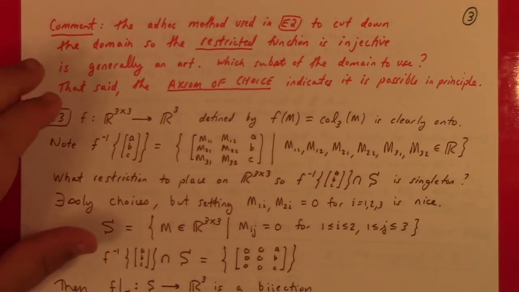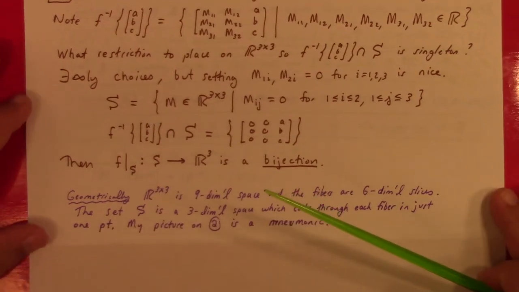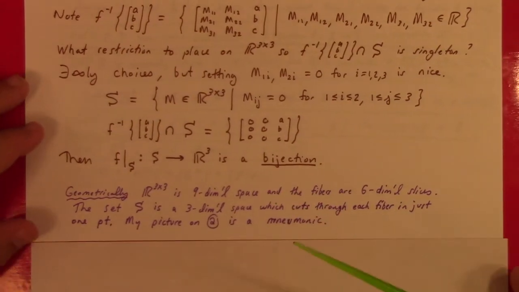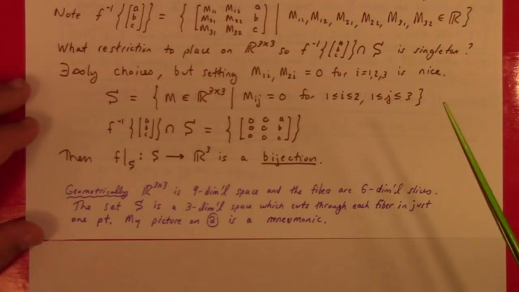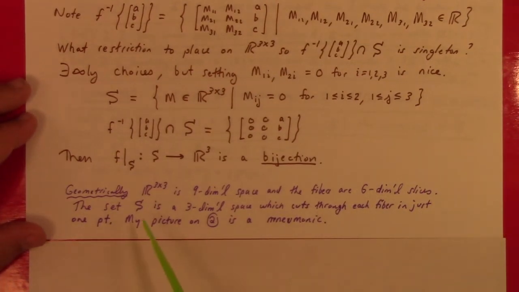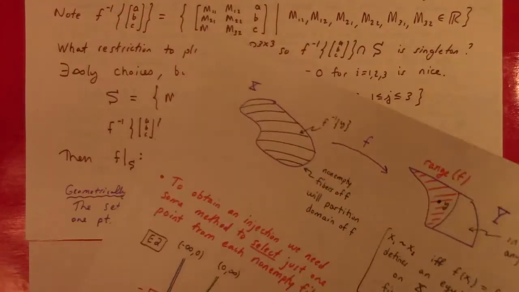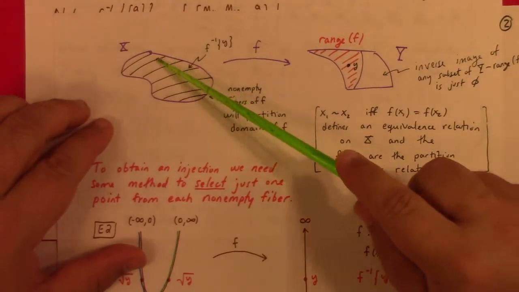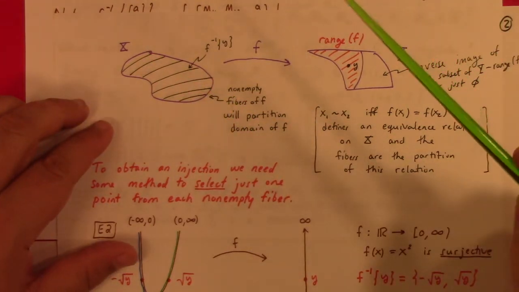Now, it's interesting to pause and smell the roses here. Geometrically, 3 by 3 matrices form a 9-dimensional space in the sense of calculus 3. The fibers are actually 6-dimensional slices. This set S, which we just constructed, is a 3-dimensional space which cuts through each fiber in just one point. My picture on page 2, back here, I drew as if the domain is 2-dimensional and the fibers were 1-dimensional, but it doesn't have to be like that.